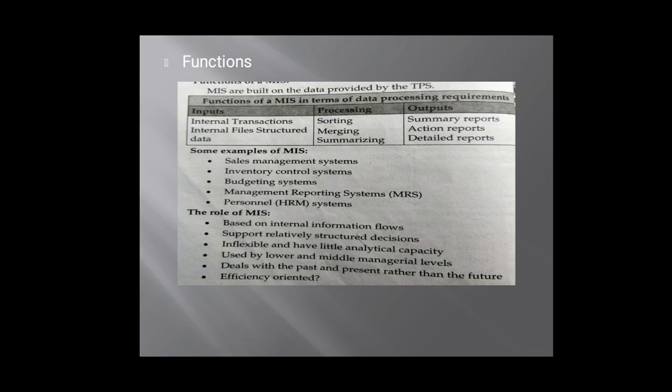Inventory is how data is being stored of those particular data. Budgeting systems, how budget cost is being followed or not while the transaction is being done. Management reporting system, whether higher level authority reporting is being done or not. And the last is personnel system, the human resource, whether the employee resource is being given or not.